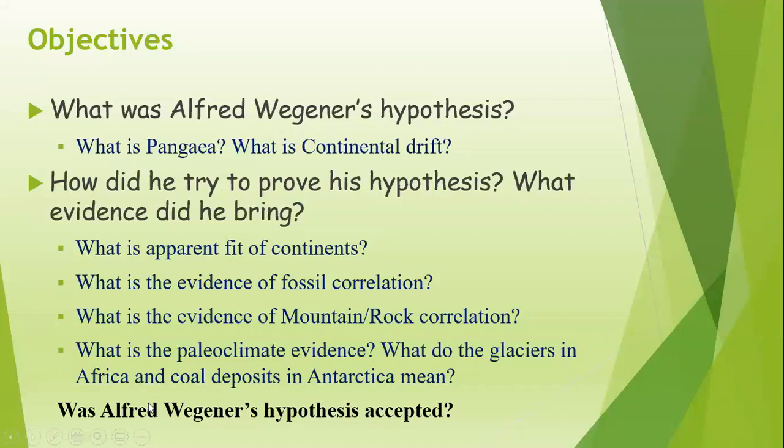Glaciers are ice structures, and Africa is hot. So ice structures in Africa, that is a surprising thing, right? And then coal deposits in Antarctica. This one also we will discuss later. At the very end, we are going to discuss, after all these evidences, was his work accepted? We will see this also.